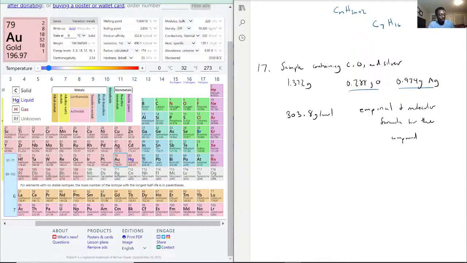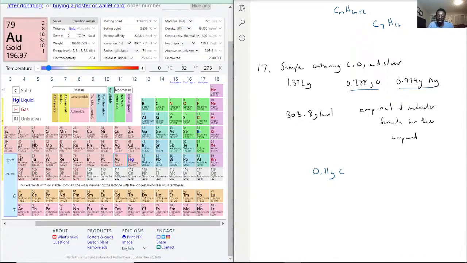You started out with 1.372, you subtract the grams of oxygen, 0.288, and the grams of silver, 0.974. So you only have 0.11 grams of carbon.